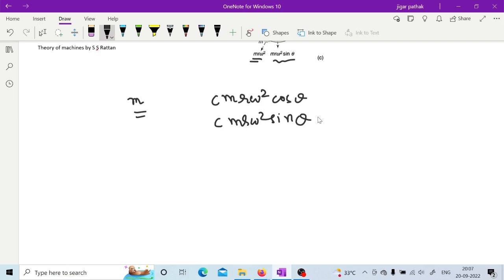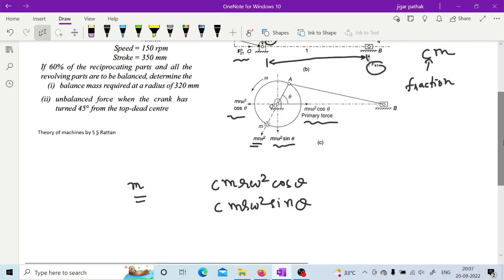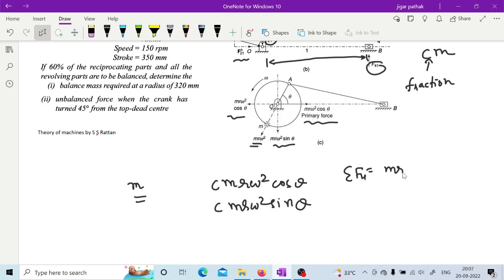So if you see in the mechanism, if only that fraction of this particular force is balanced, then for the horizontal direction it will be m r omega square cos theta minus c m r omega square cos theta. So it will basically be 1 minus c, m r omega square cos theta.